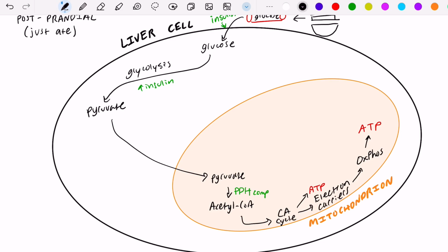So after a meal, we've got enough sugar in the body, which means we've also got enough ATP, right? It's formed in glycolysis, it's formed in the citric acid cycle, it's formed in oxidative phosphorylation. So in the postprandial state, we don't need a lot of ATP made. We don't need to ramp up our super energy making processes.